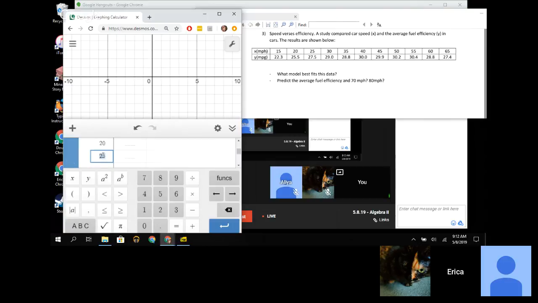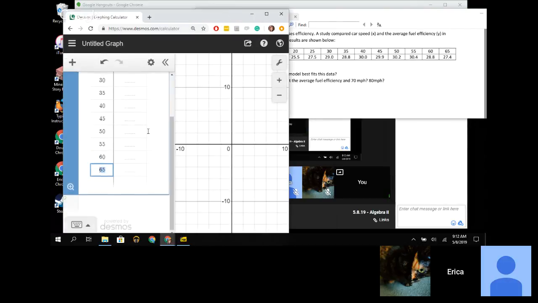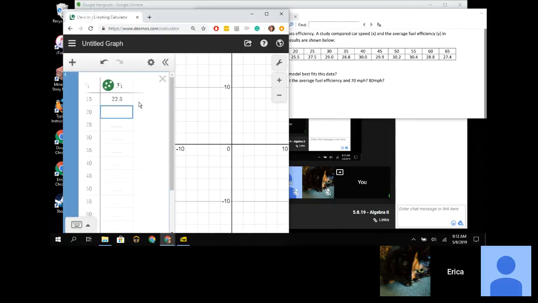Okay, so this is just a table that I'm going to enter a bunch of data in. So you got 20, 25, 30, 35, 40. You can see it populates it. It kind of does most pretty smart. It figures out what the pattern is for your X's. And then let me make this a little bigger so hopefully we can see it a little more. There we go. That's better. So then I can put my miles per gallon in there. 25.5, 27.5. So this is like data entry, right?